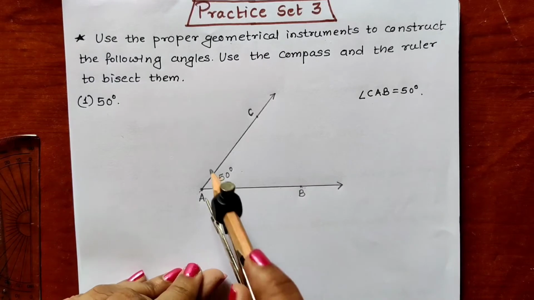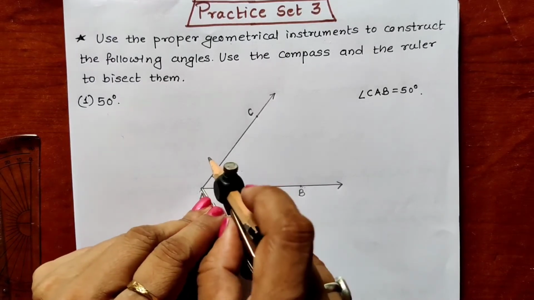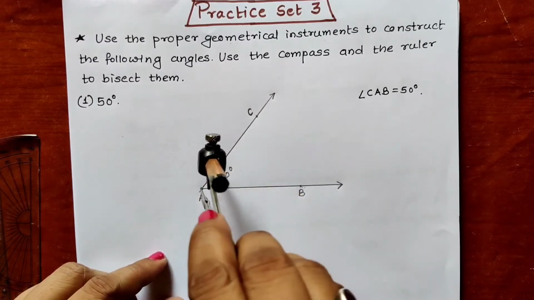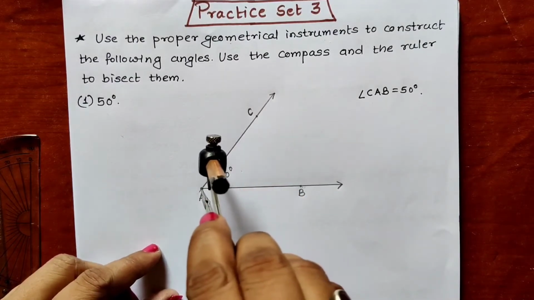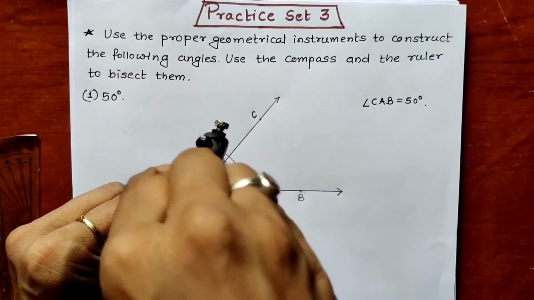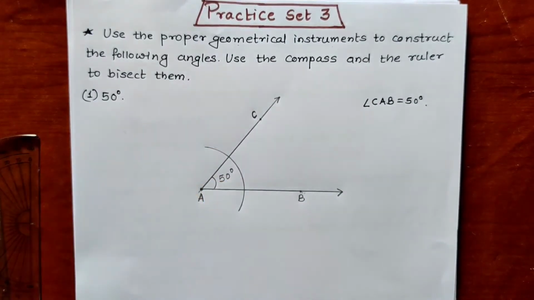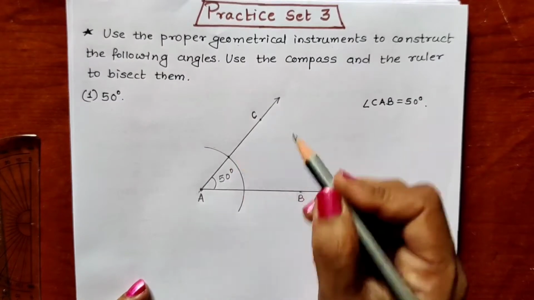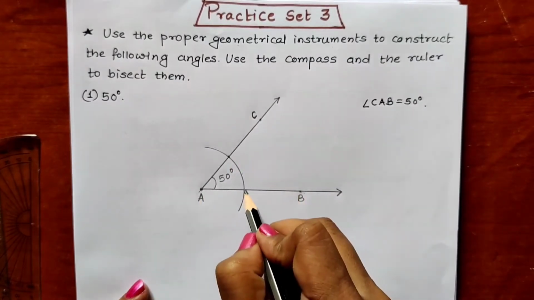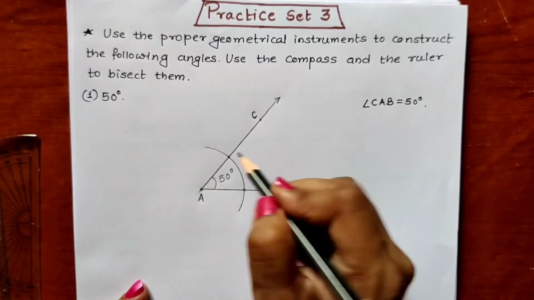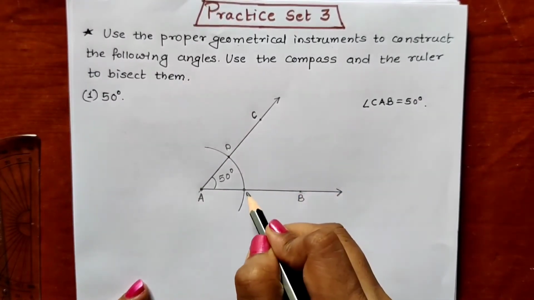So let me draw an arc. Place it on vertex A properly. In this way we will draw one arc which cuts ray AC in one point and ray AB in another point. You can give any name to these points, D and E.